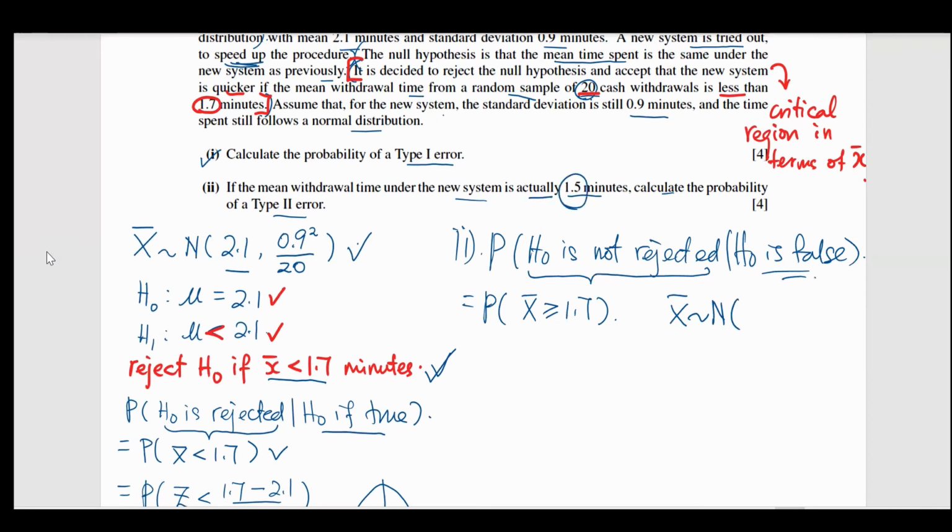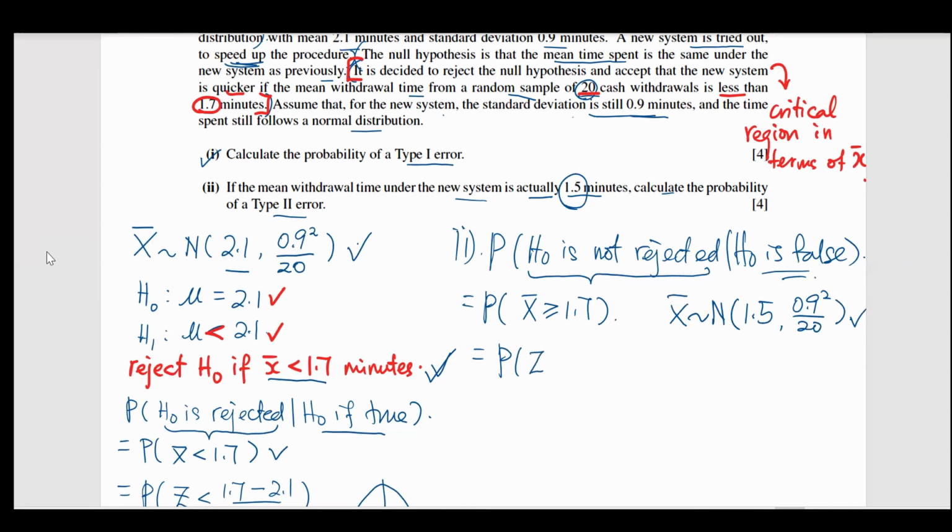Actually, the mean should be 1.5 instead of 2.1. But then we are assuming that the standard deviation remains at 0.9. So 0.9 squared over 20 is still the same. And hence, when we are finding the probability of X bar greater than or equal to 1.7 with this new mean, we are finding the type 2 error probability.